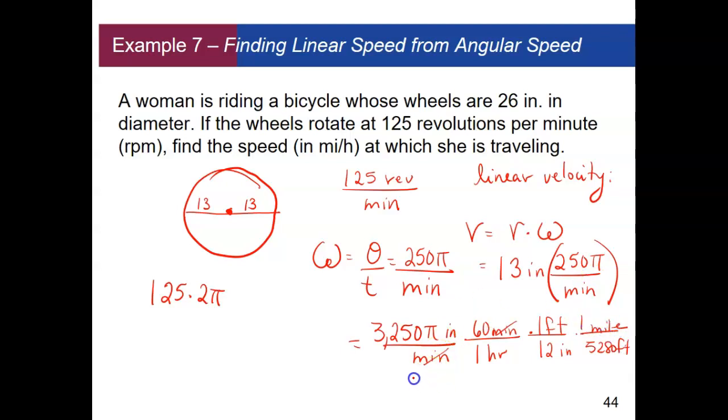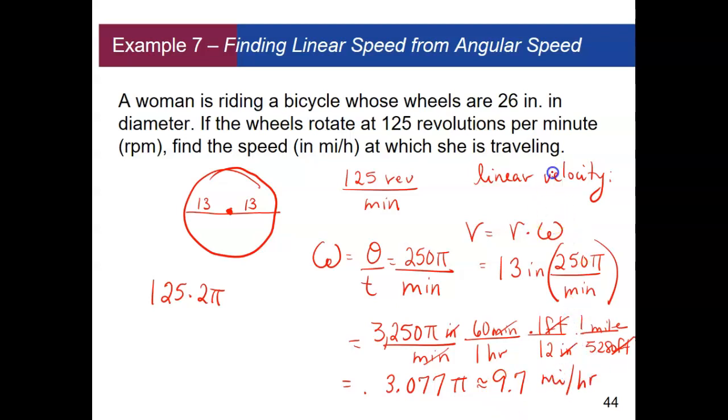So if we convert all of this, then we're going to get it in the right units. Plug all of this in and cancel all the like factors. We'll cancel our feet, cancel our inches. We're going to have 3.077 pi. So if we multiply that out, we get 9.7, and that's going to be in miles per hour.